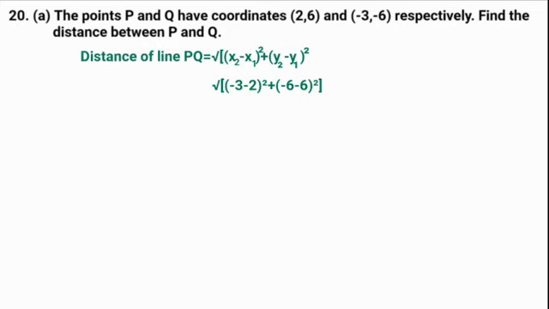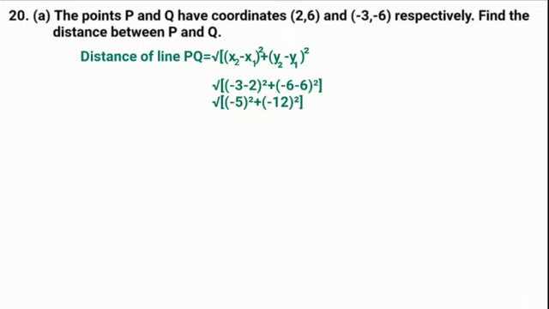So we have the square root of -3 minus 2, which gives us -5, raised to the power of 2, plus -6 minus 6, which will give us -12, raised to the power of 2.